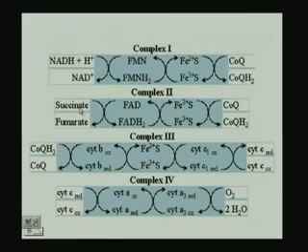In complex 2, we have succinate going to fumarate, which again forms CoQ going to CoQH2. In complex 3, we have CoQH2 forming CoQ back again, which can then be utilized again in complex 1. Fine. And we have cytochrome C, the reduced form, being oxidized.